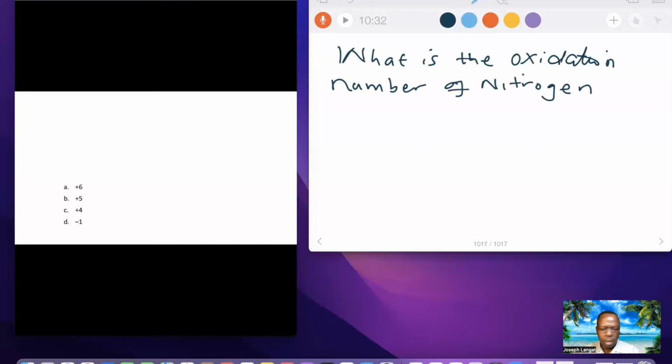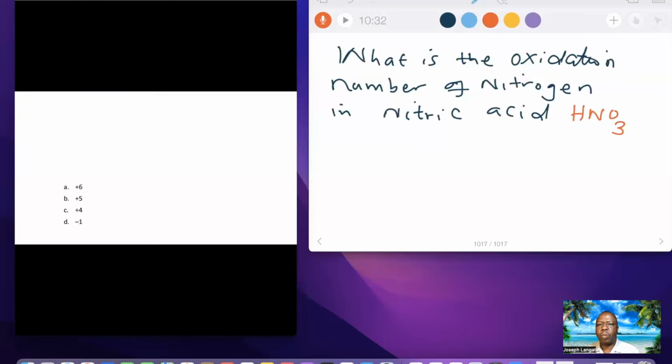Nitrogen in nitric acid. And you know nitric acid is HNO3. This is a neutral molecule.